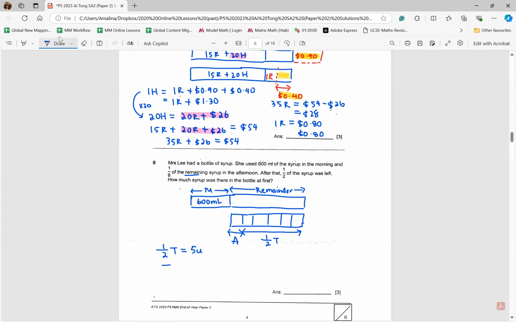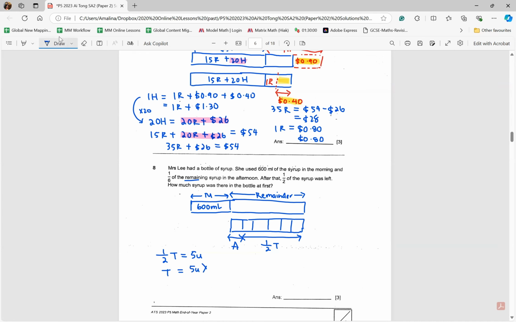If you want to find the total, it will be 5U multiplied by 2. You will get 10 units. So 5U times 2, you get 10U for the whole thing. How do you find your morning? Remainder is 6 units.